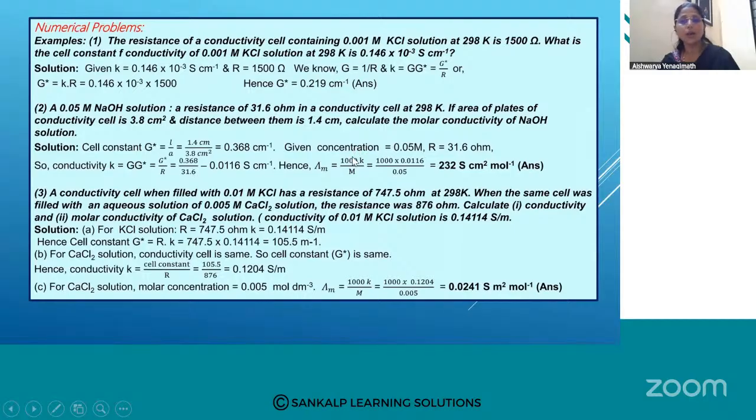Lambda m is equal to, as we have seen in our previous slide, 1000 into kappa by M, where 1000 is the conversion factor. How much is my kappa? I've got here 0.0166, divided by 0.05. Substitute, simplify, you will get this answer. Similarly, you can take other numericals also.